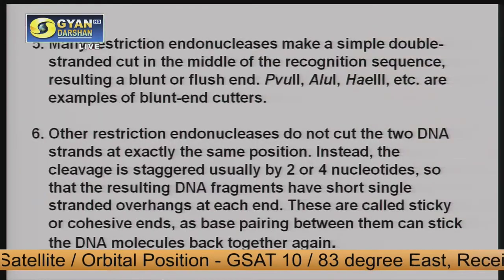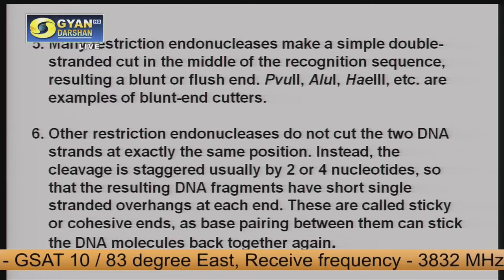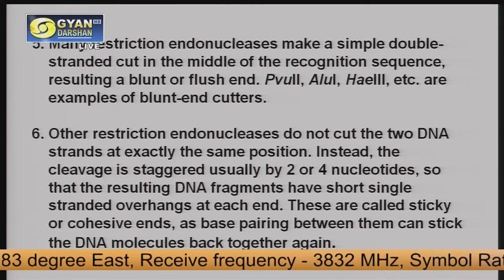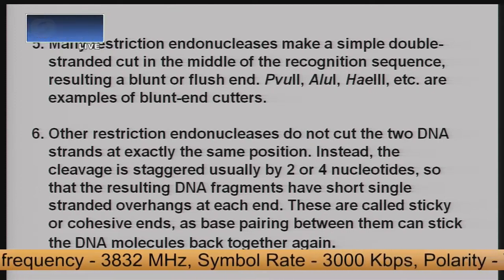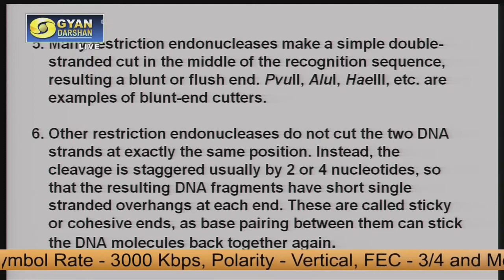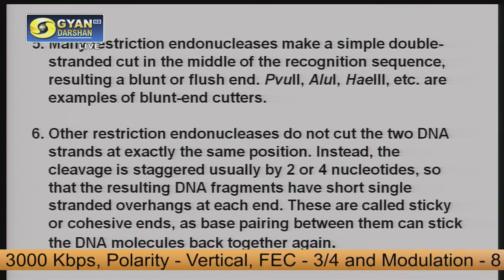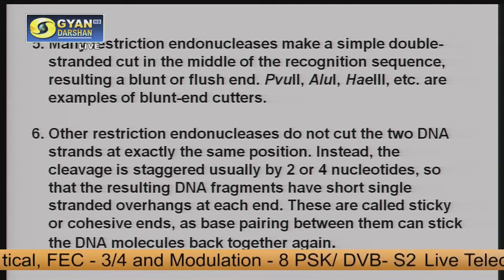They cut in the middle of a recognition sequence, resulting in a blunt or flush end. We call such enzymes blunt cutters, like PvuII, AluI, HaeIII, even SmaI. So these are blunt cutters.